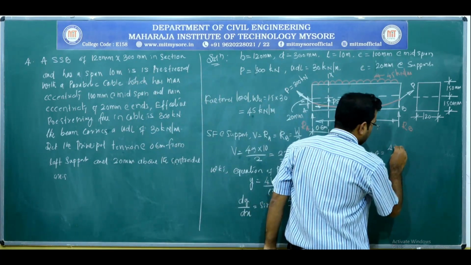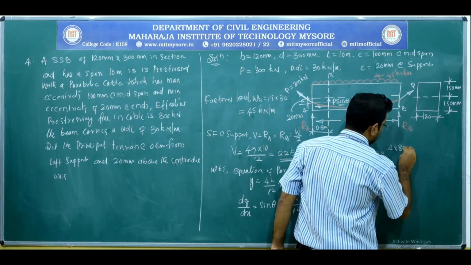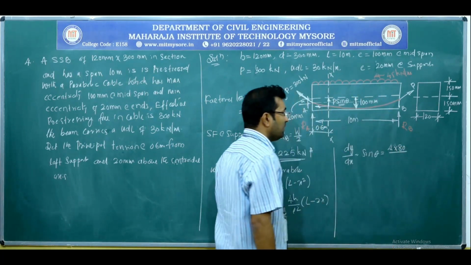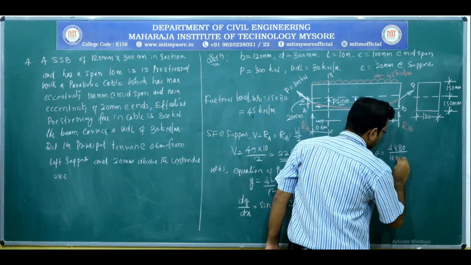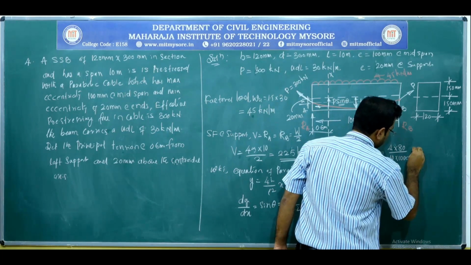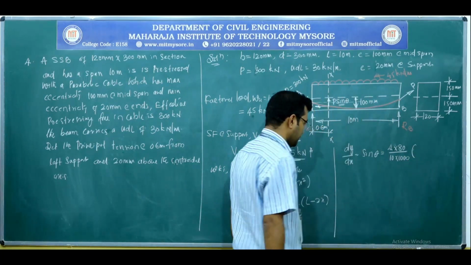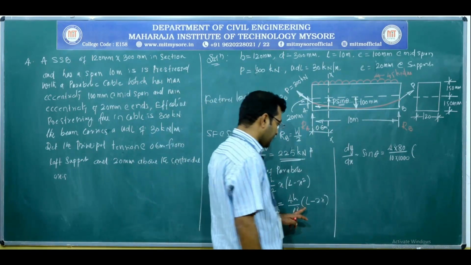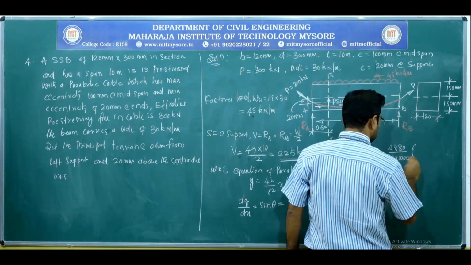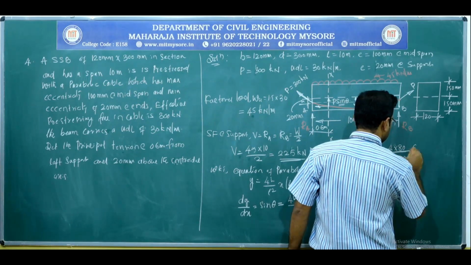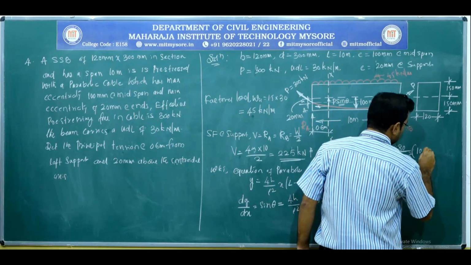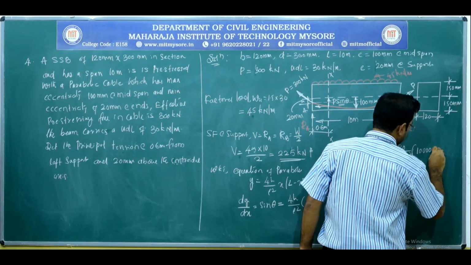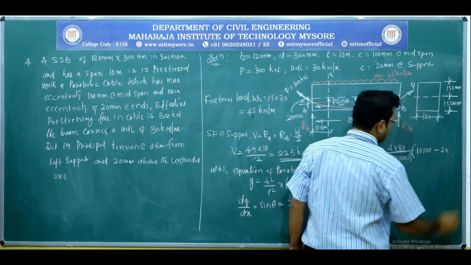So it will be 100 minus 20, that is 80 millimeter, divided by span. Span is 10 meter, so it is 10 into 1000 square, and again it is 10,000, that is span minus 2 times of the x.